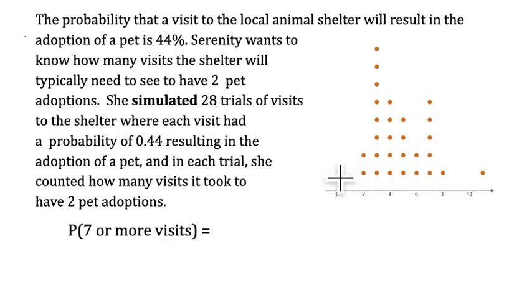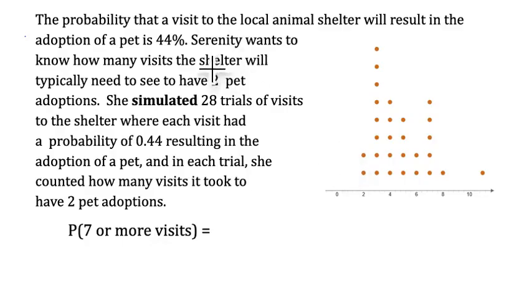So let's make sure we understand what these dots mean. These first 2 dots are telling us that in these 2 simulations, the first 2 visitors to show up at the shelter both adopted pets. So it only took 2 visits, the minimum it would take for 2 pets to be adopted.